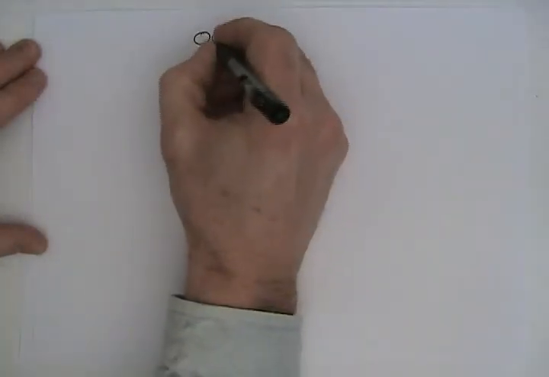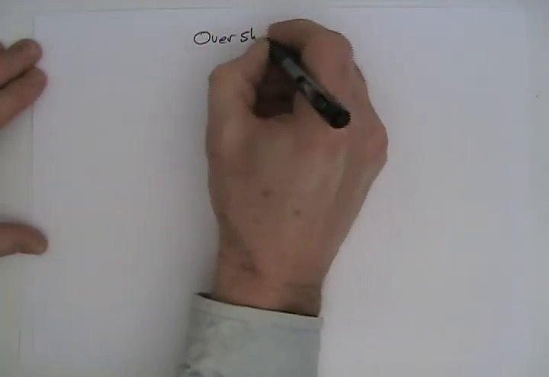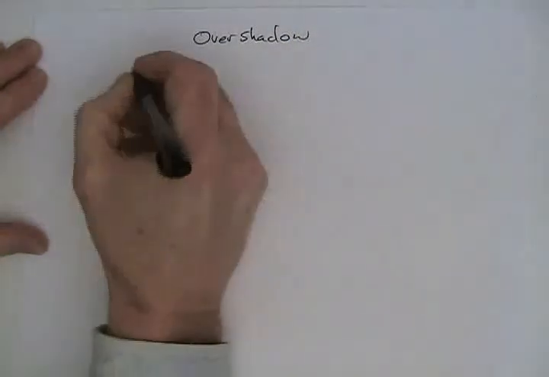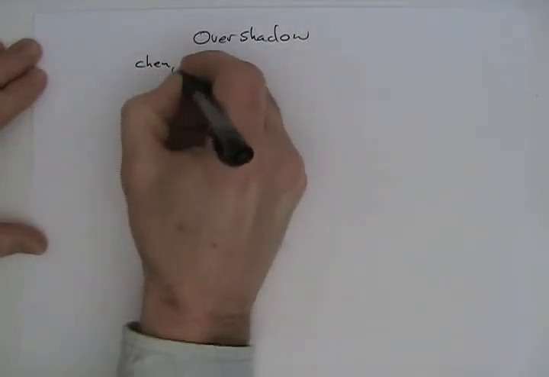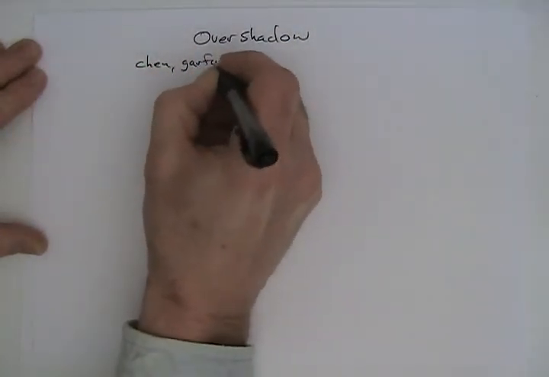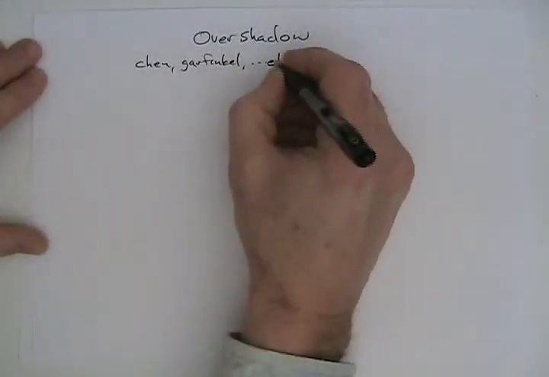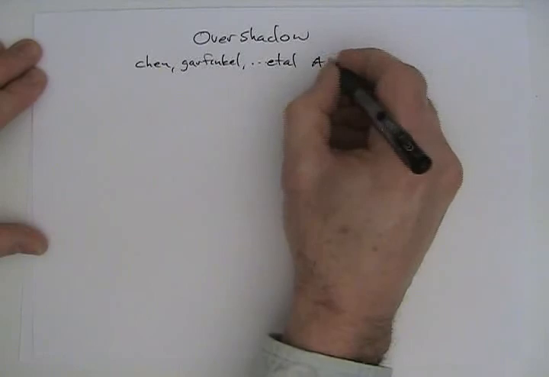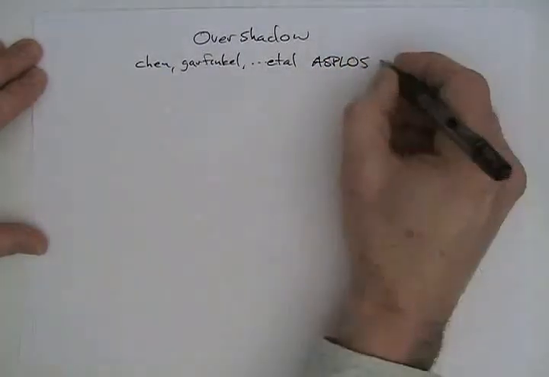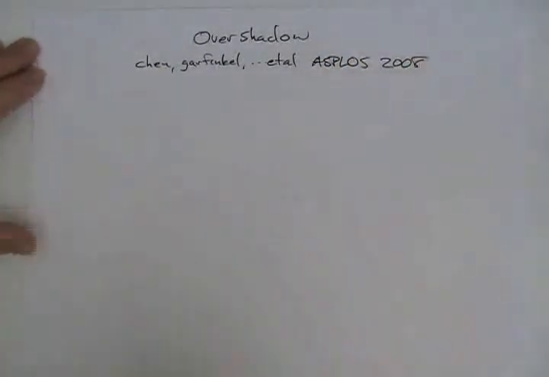The last thing I wanted to mention as an example is that hypervisors have been used in a lot of security research. One of the more interesting ones is Overshadow, by Chen, Garfinkel, and others, at ASPLOS 2008.